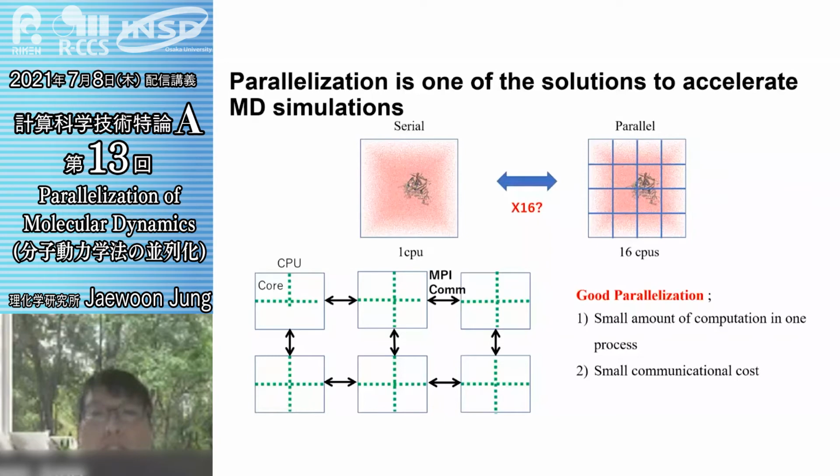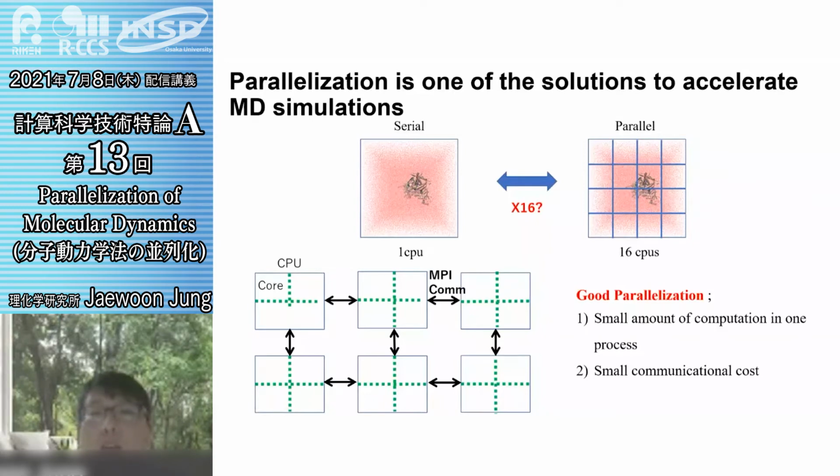But to do this, we need to consider two things. One is the small amount of computation in one process. So we need to optimize the MD program such that each CPU computes the interactions at minimal cost.